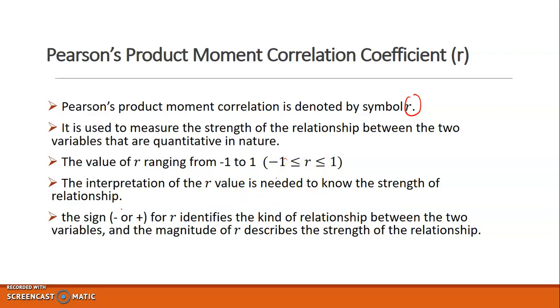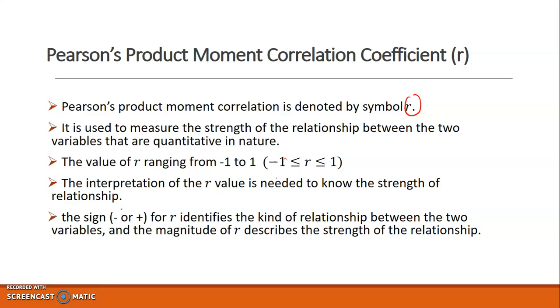The sign of R, whether negative or positive, identifies the kind of relationship between the two variables. Let's say your R value is positive 0.5. This means the two variables have a positive relationship. But if the R value is negative 0.2, because of the negative sign, the two variables have a negative relationship.